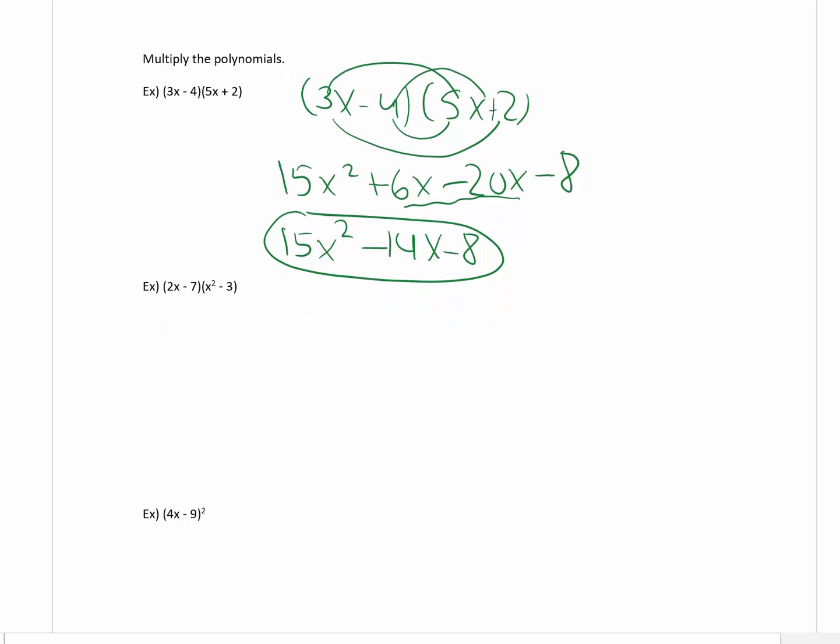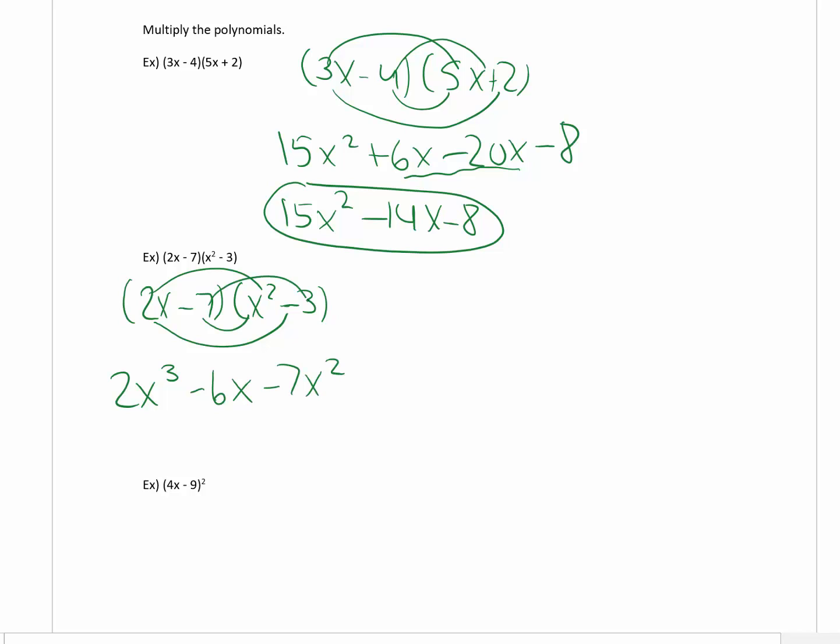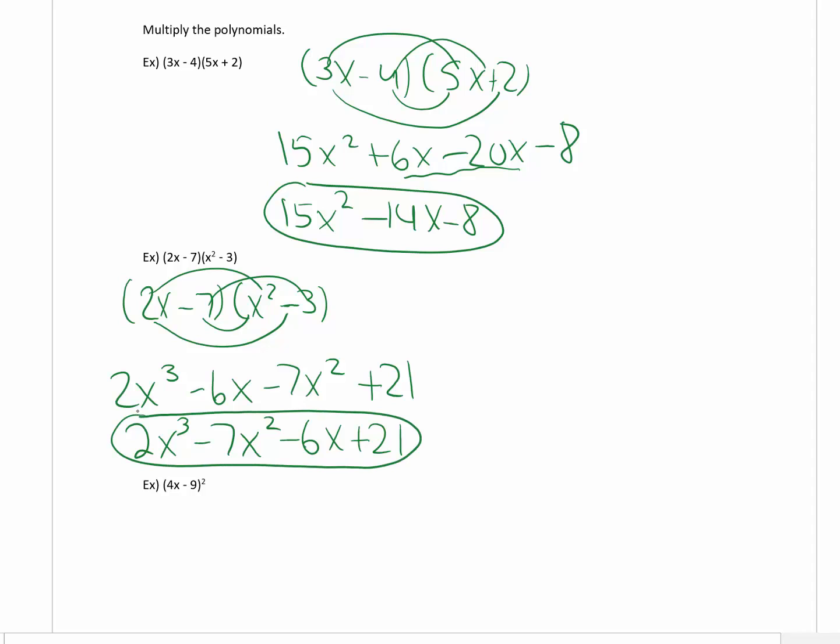All right, this example, I'm going to again use the FOIL method, so I'm going to rewrite it. Now, there are no like terms I can combine, but I'm going to rewrite it in descending order. You'd like to be able to write your answers in descending order. That will help us later on when we have to start factoring polynomials.